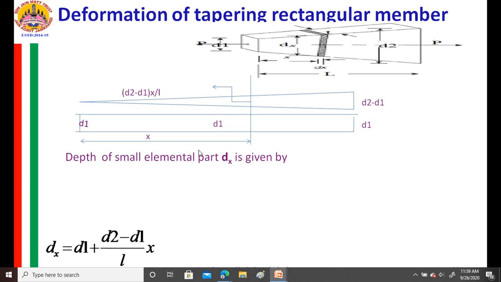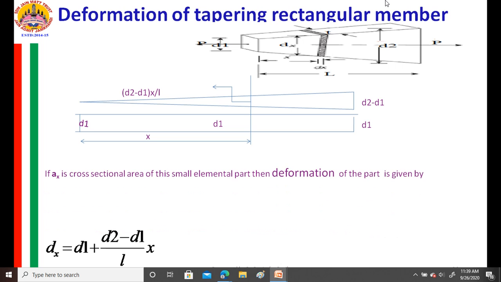Therefore, that depth is given by dx equal to d1 plus (d2 minus d1) divided by L into x. If Ax is the cross-sectional area of the member, what is the value of Ax? The cross-sectional area, as it is rectangular, is given by depth multiplied by thickness, that is equal to dx into t, where dx is nothing but this value.